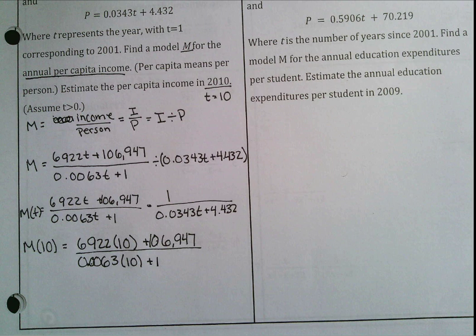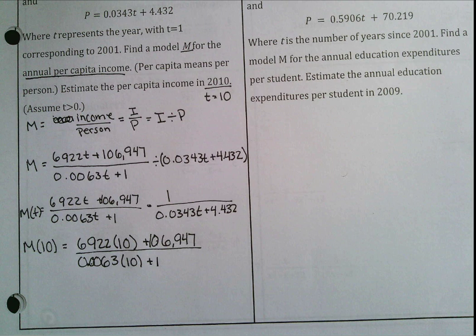And then we're going to do the 0.0343, that's going to be times 10 as well, plus 4.432.